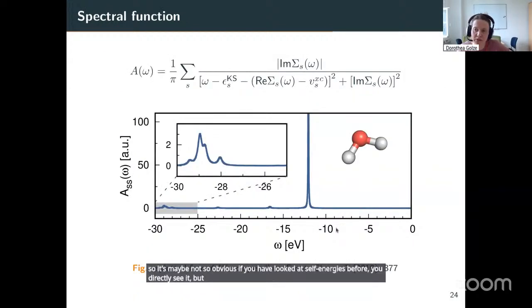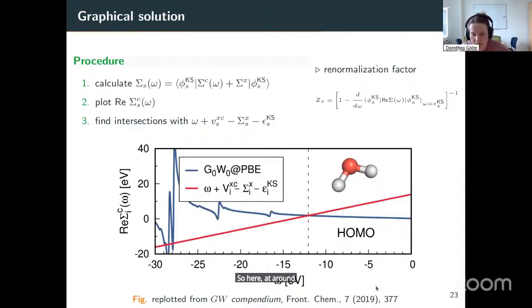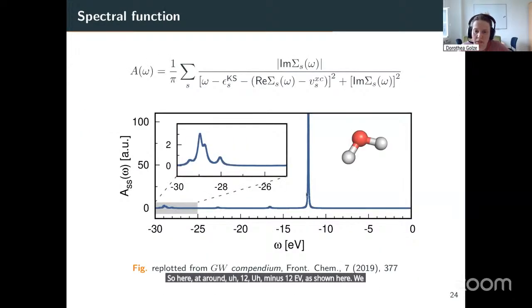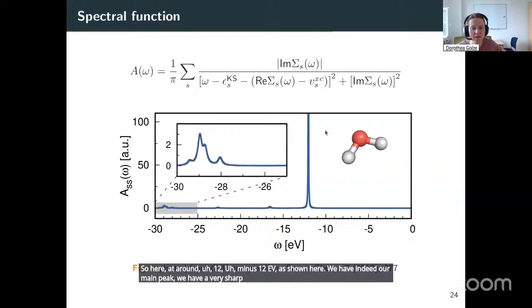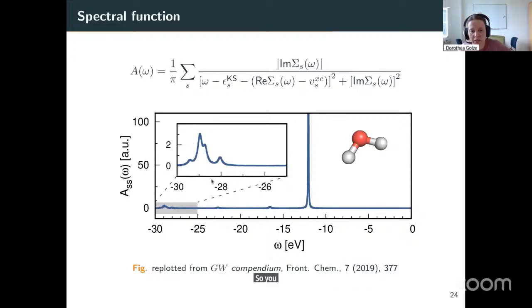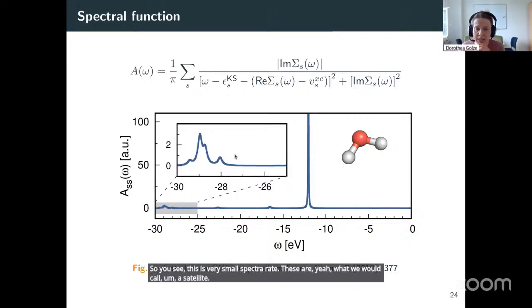But if you plot the spectral function, it becomes very obvious. So here at around minus 12 eV, as shown here, we have indeed our main peak. We have a very sharp peak, which carries clearly the largest spectral weight. And then we had an intersection a bit further. So you see this is very small spectral weight. These are what we would call a satellite in the method.